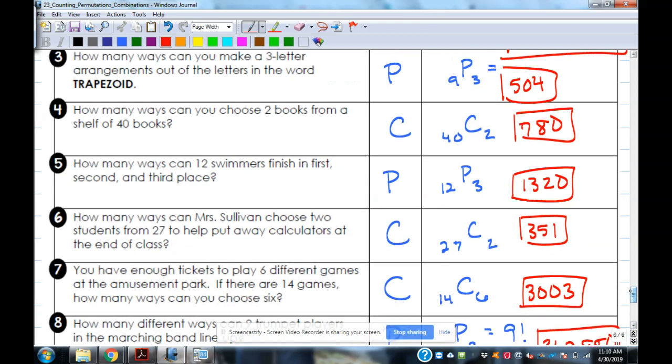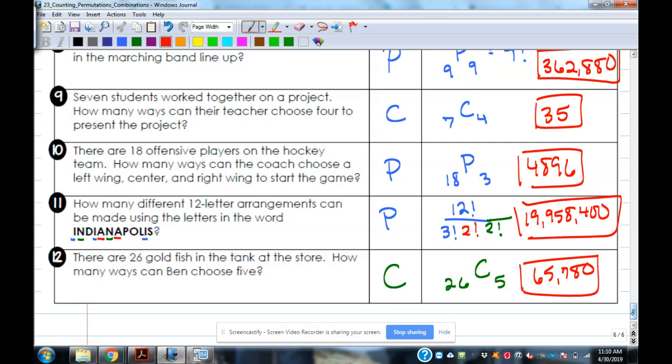And seven was 3,003. Eight was 362,880. 9 was 35. 10 was 4896. 11 was 19,958,400. And then 12, 65,780. So there's your answers to those in the notes.